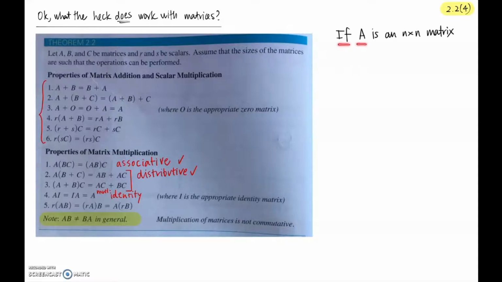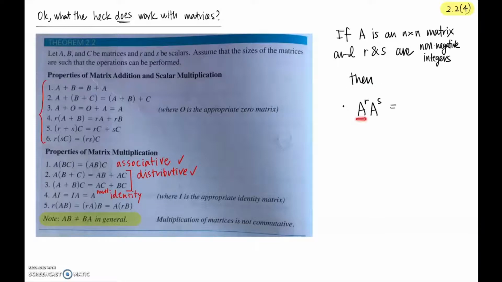Okay, if A is an n by n matrix, so it's a square matrix, and R and S are non-negative integers, let's think about what that means. Like 1, 2, 3, can't take -3 or -4. We want just non-negative, so even 0 is okay. 0, counting all the way up. Then we know three things.